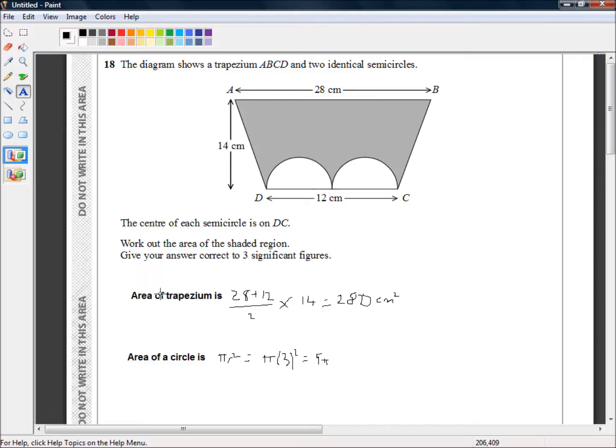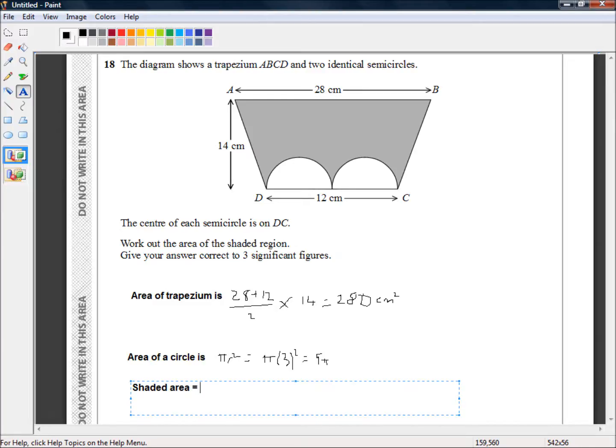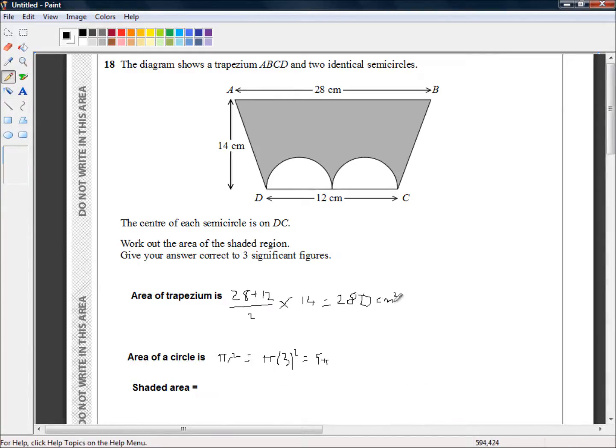So the shaded area equals 280 centimetres squared, which is the area of the trapezium, minus the area of the two semicircles, which is the same as the area of a big circle that has the radius 3 centimetres, so that's 9 pi.